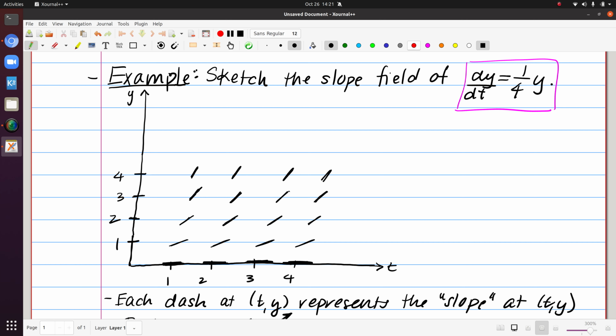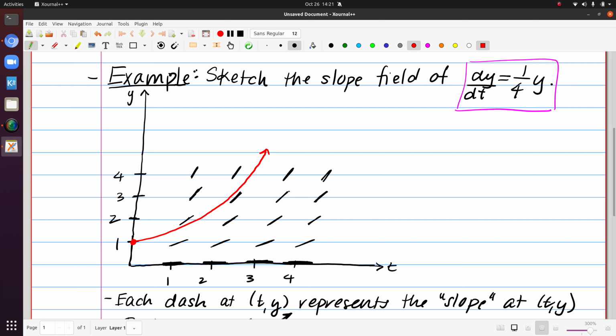In particular, if I were to give an extra piece of information that this solution function passes through the point 0, 1, then in order to think about the solution, I can follow these dashes in order to sketch out a solution.